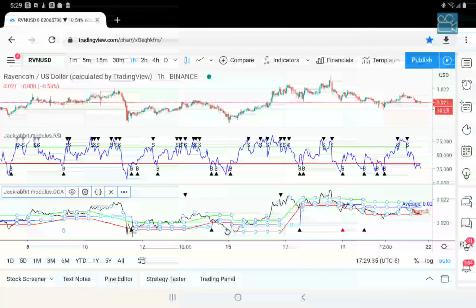So right here you are looking at a 2% profit. Let me repeat that. This is a 2% profit. So even if you have Coinbase Pro, you're going to clear 1% straight out.